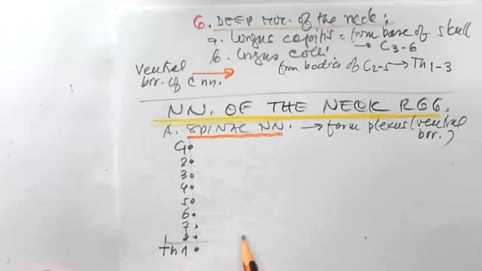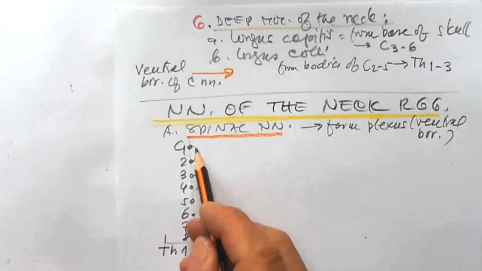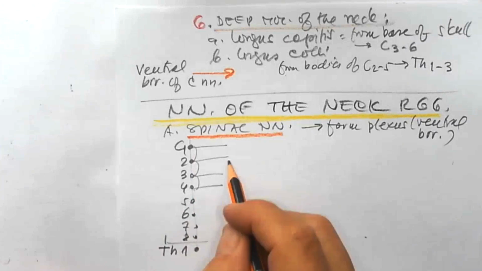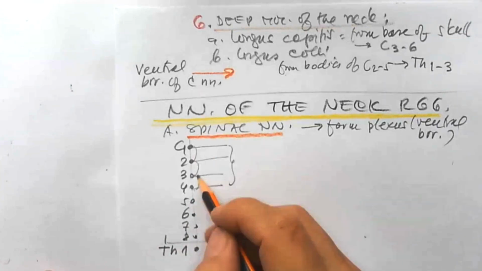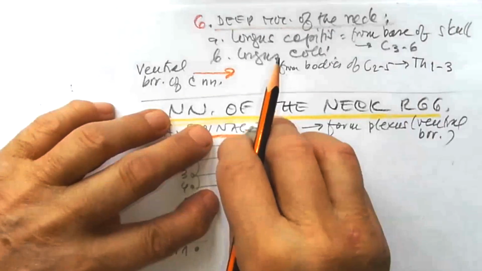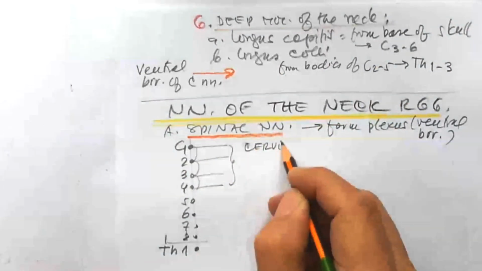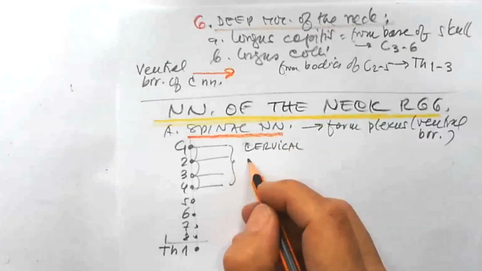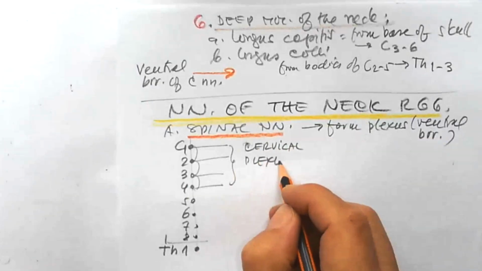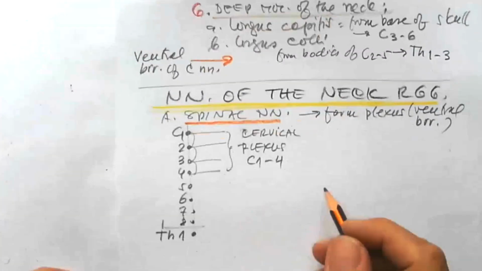Yes. And then the segments are interconnected, as you see, forming the plexus. And these four, from C1 to C4, form the cervical plexus. And we use the word many times, cervical plexus, with the punctum nervosum, neural point, etc. Cervical plexus, C1 to C4, correct.